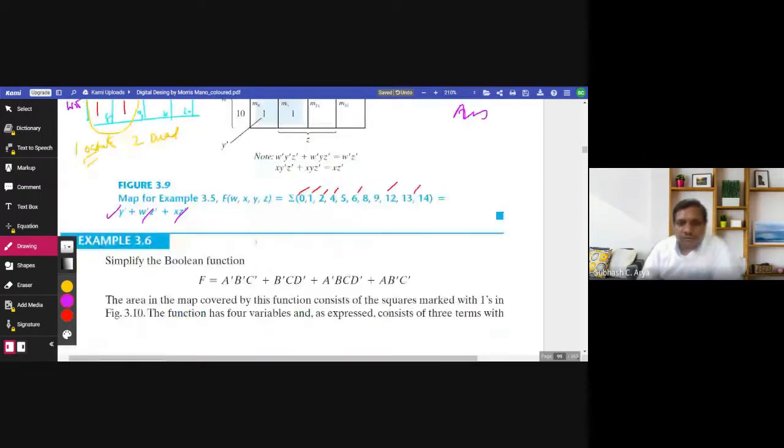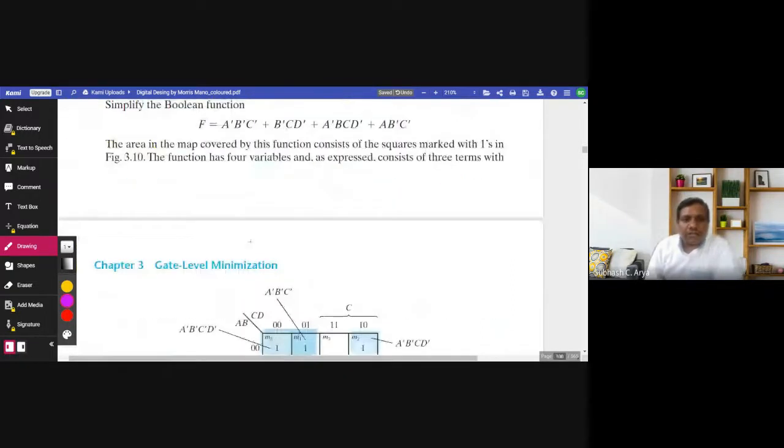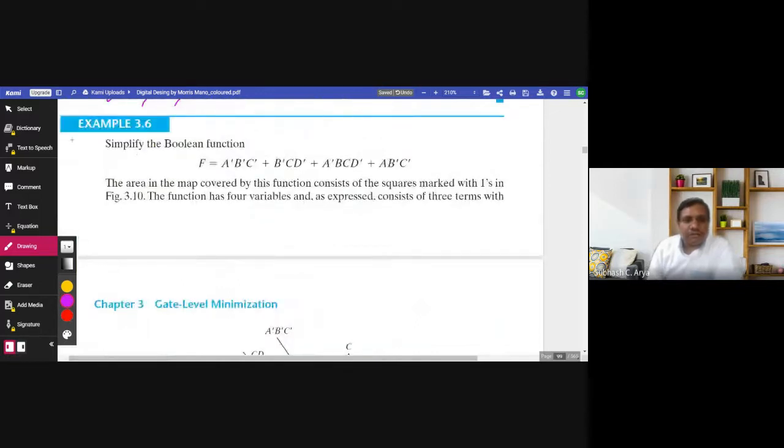Another attempt can be done. Example 3.6, simplify the Boolean function. From here we can see F is a function of four variables, a, b, c, d.